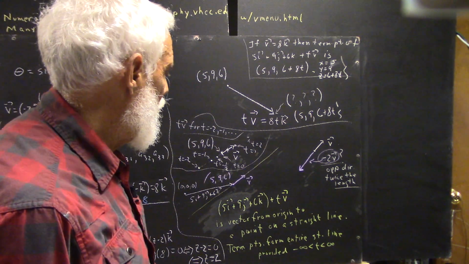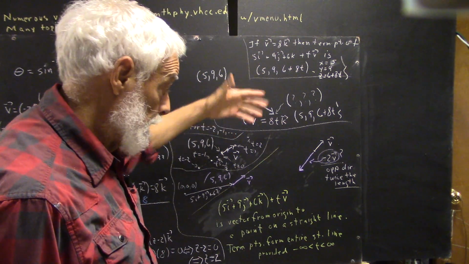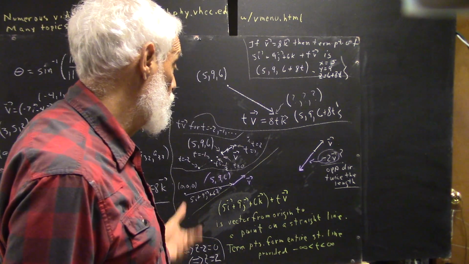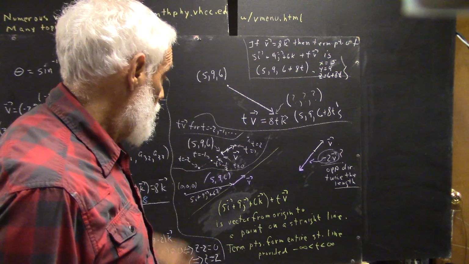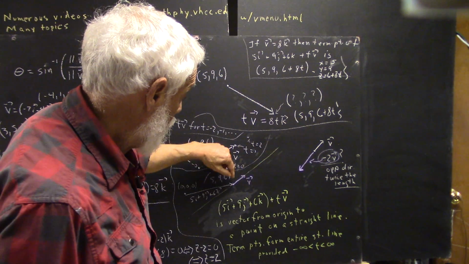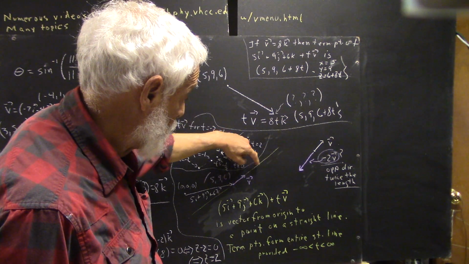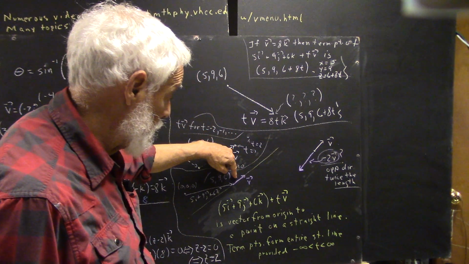If we then add tv for maybe one of these t values or maybe some other t value, where do we end up? Well, we end up at whatever the terminal point of tv is. If t is 2, then we're going to end up twice as far out in this direction. If t is 1, well, we end up here. If t is 1/2, we end up here.